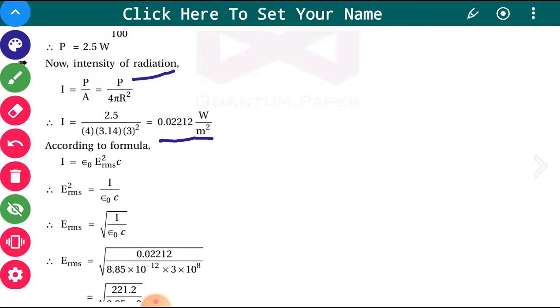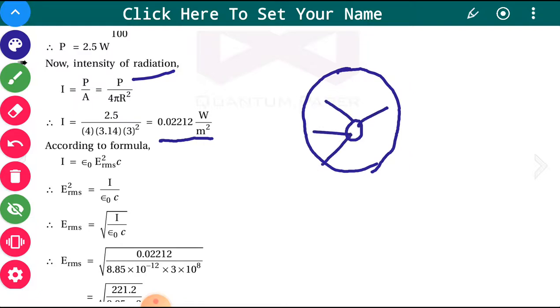Say for example, the bulb is at the center and this is the spherical surface on which the bulb is emitting the electromagnetic waves.